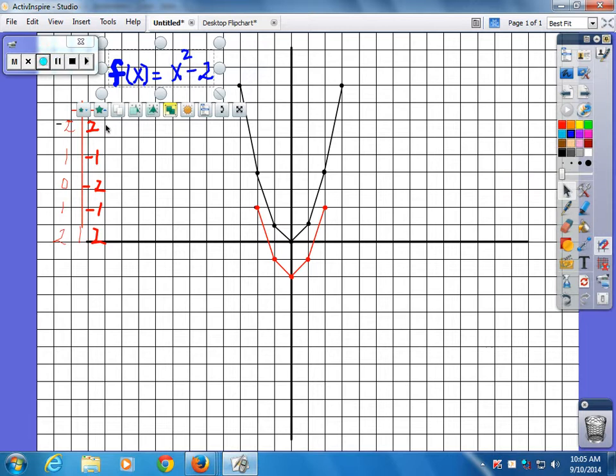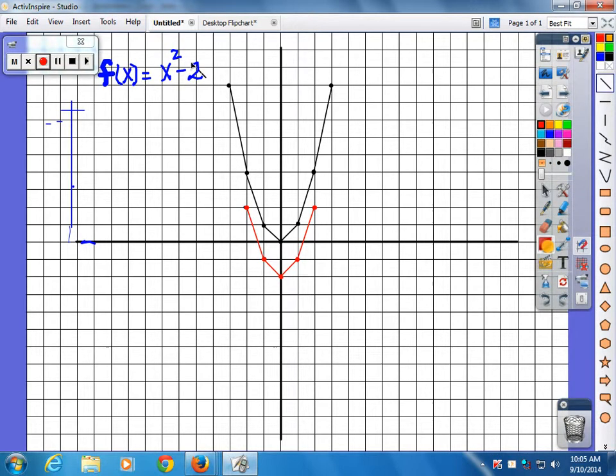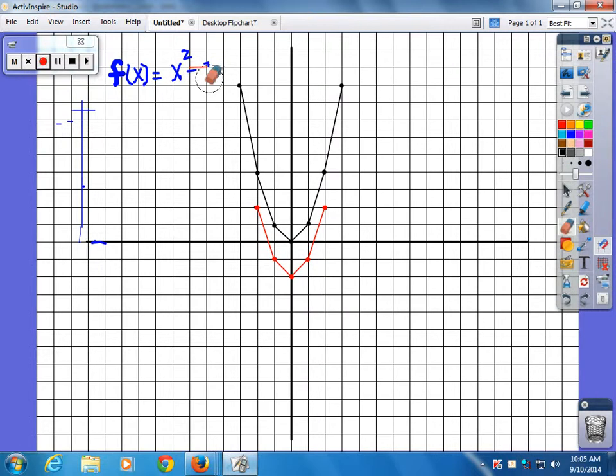I'm going to use different numbers because it's a fraction. 1/16 x squared minus 2.